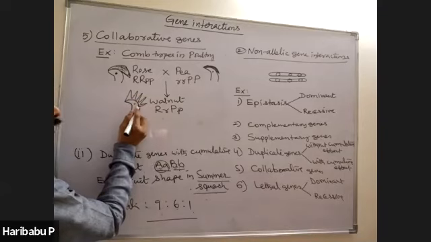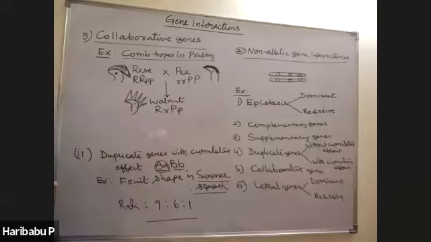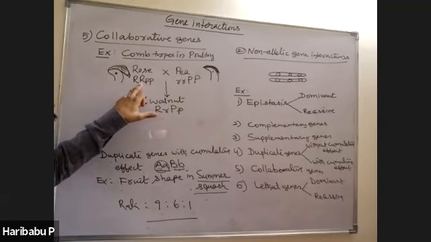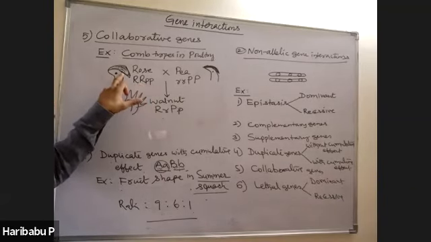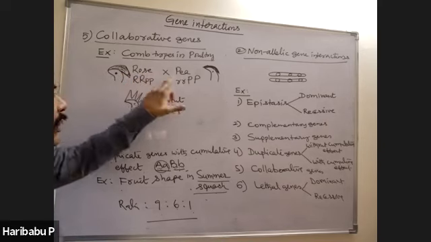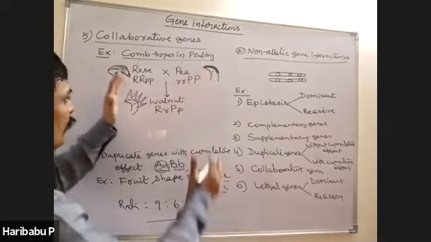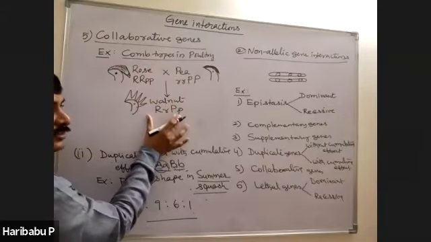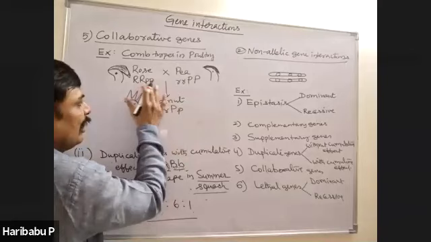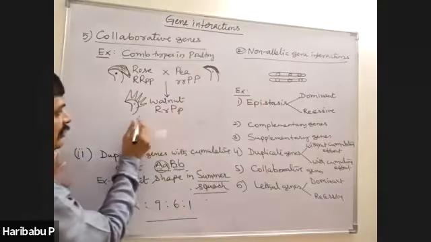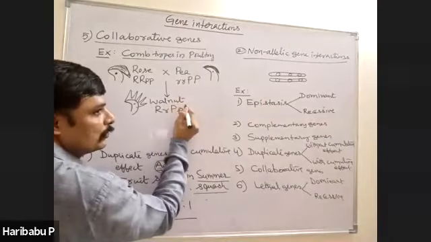This is called walnut comb. See this? One dominant gene expresses one character, that is rose here. Another dominant gene, another character, that is pea comb. When these two dominant genes enter into the same bird, altogether a new combination appears, that is called walnut comb.